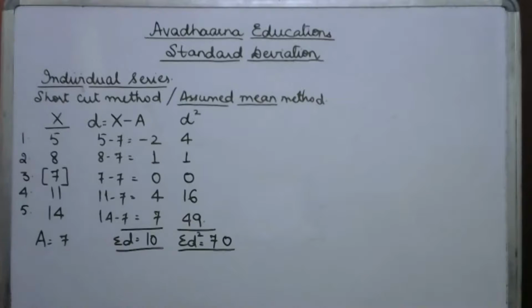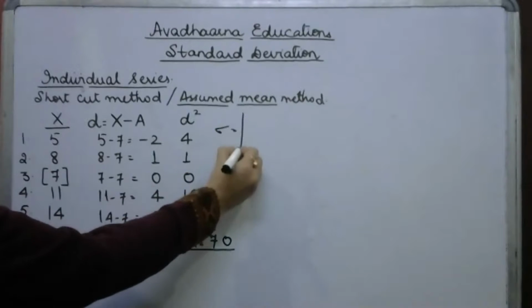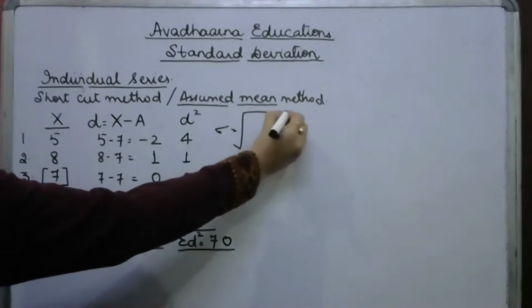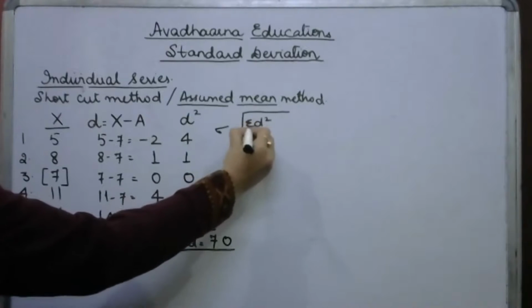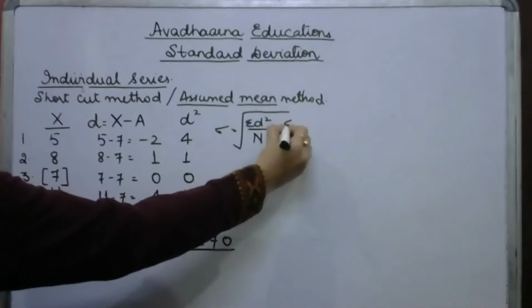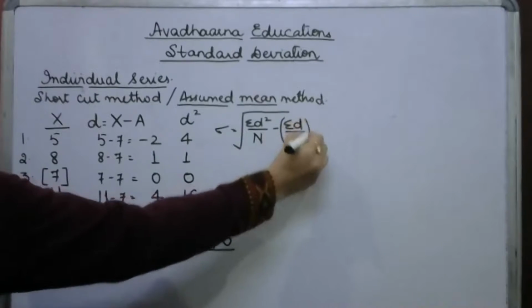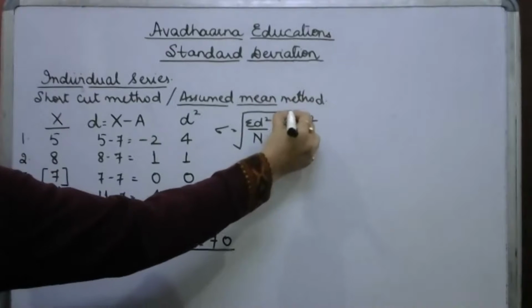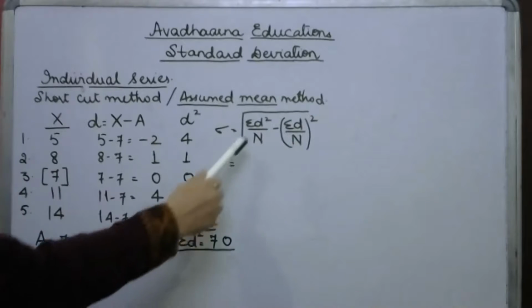Now we'll apply the formula for calculating the standard deviation. Standard deviation is given by under root of summation d square over n minus the whole square of summation d over n. Now let's substitute the values.